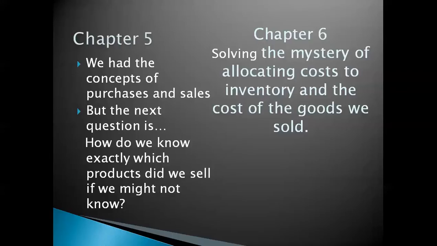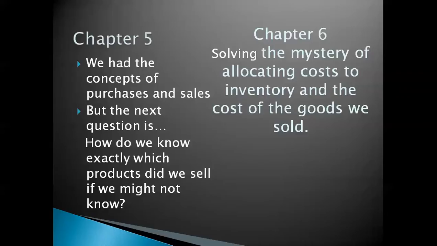And then when we had the actual sale, we had two journal entries. The first to record the sale, where we had the debit to either cash or accounts receivable and recorded our sales revenue. And we also had the journal entry to record the cost of those goods that we sold and to record the fact that the inventory went out the door. Debit to COGS, credit to merchandise inventory.